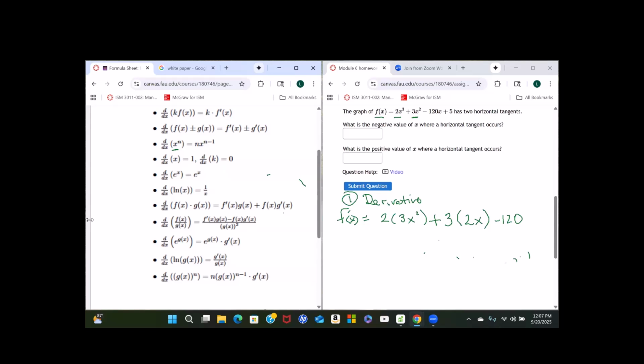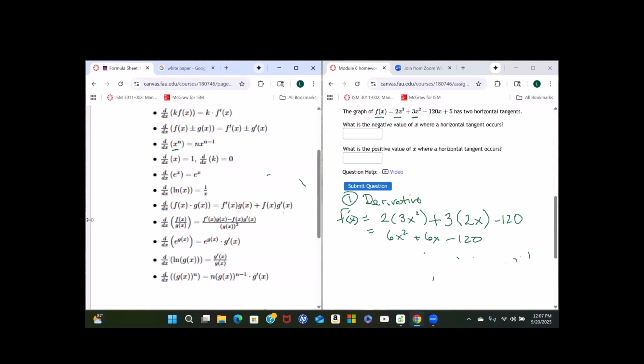So minus 120. And then that's 0 for the 5. Now we know the derivative, and I'm just going to multiply this together, to make it a little cleaner.